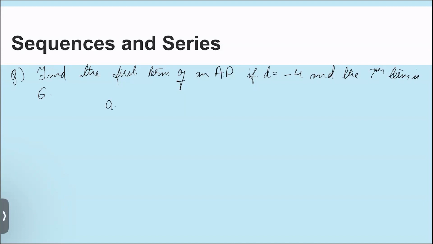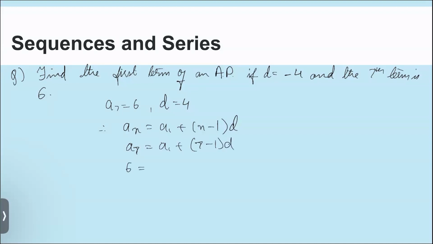So our A7 is equal to 6 and D is equal to minus 4. So therefore, this is the formula that we have. So A7 would be your A1 plus 7 minus 1 times D. So that is 6 is equal to A1 plus 6 multiplied by D. Oh, sorry, D is minus 4.